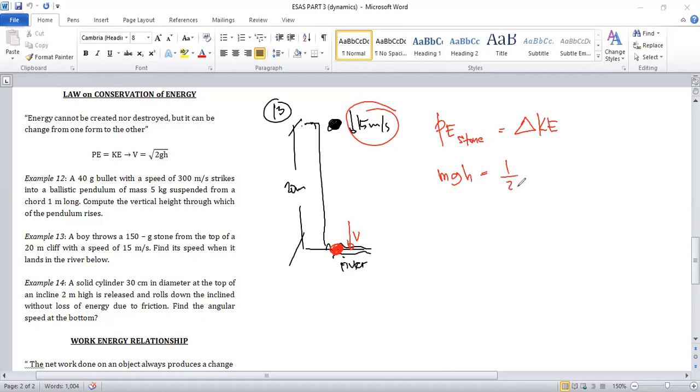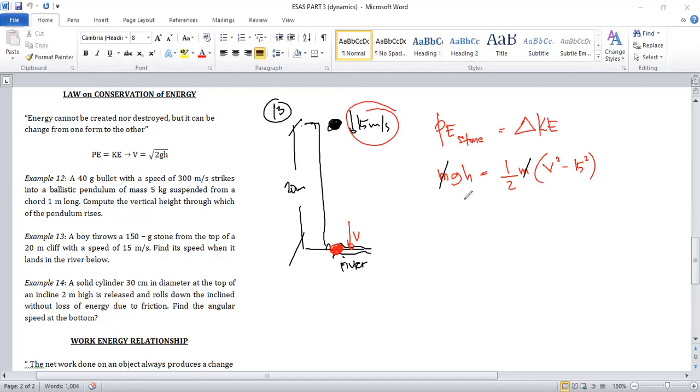So the change in kinetic energy is equivalent to this one. So that's v square minus initial velocity square. Okay, so we can cancel out m.